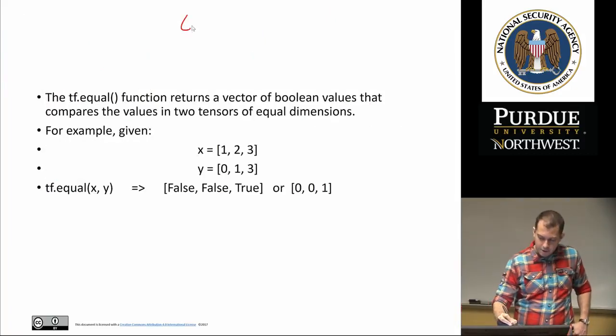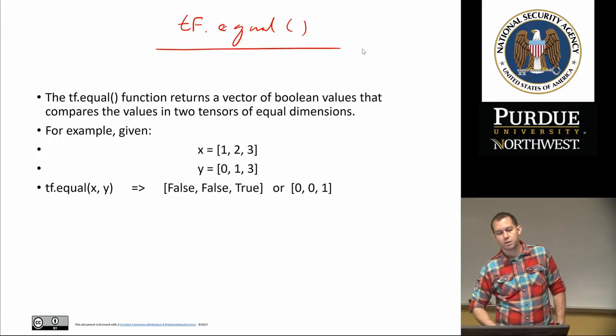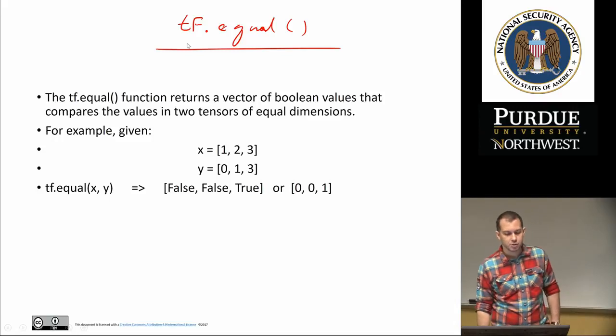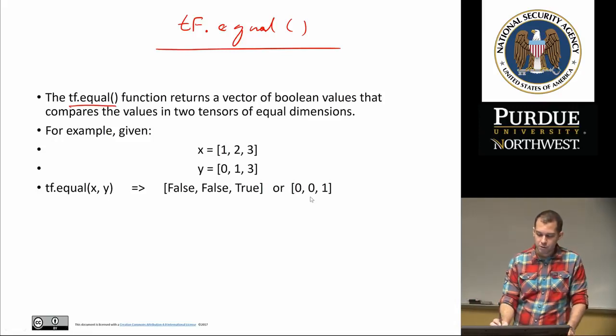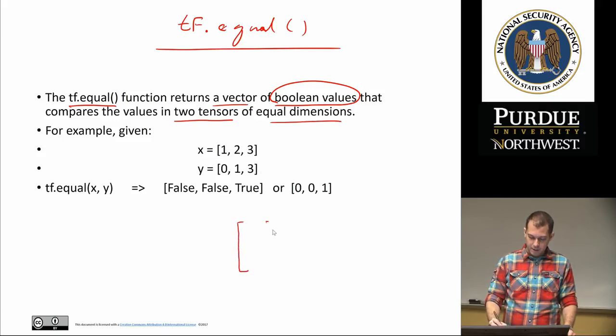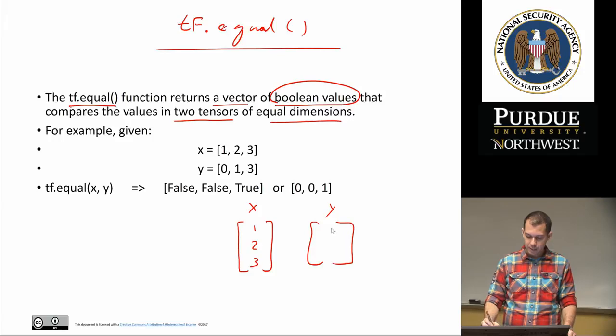So this is tf equal, our new TensorFlow function. The tf equal function returns a vector of Boolean values that compares the values in two tensors of equal dimensions. For example, let's imagine we have x and y. We have x as 1, 2, 3, and over here y as 0, 1, and 3.